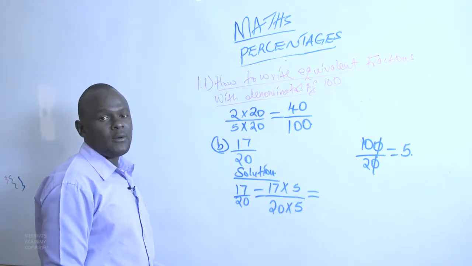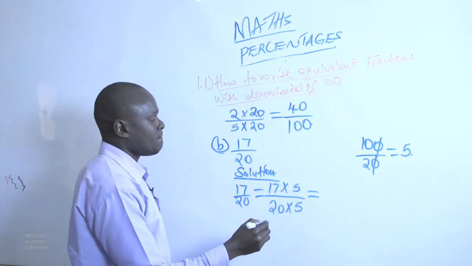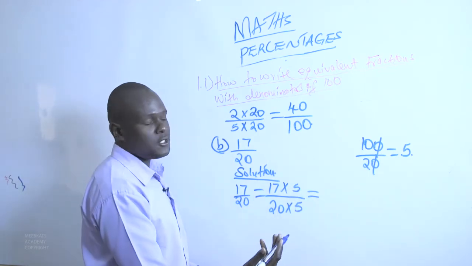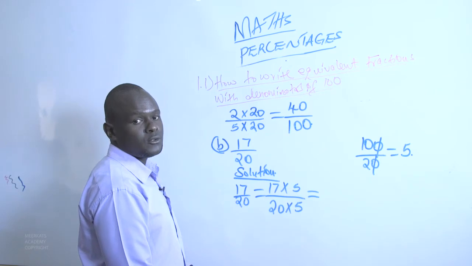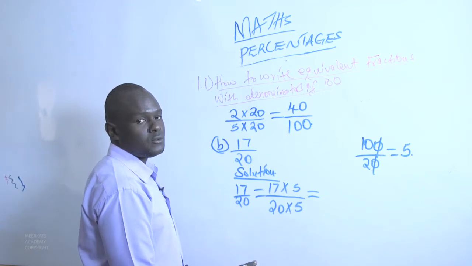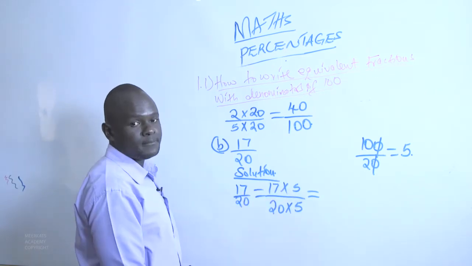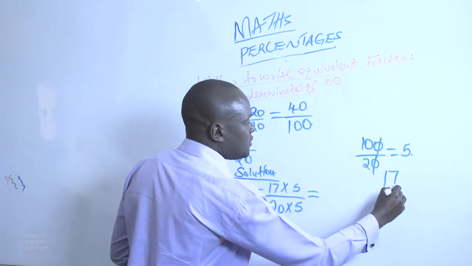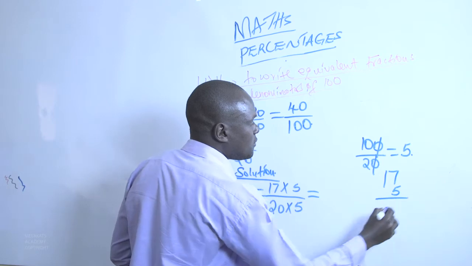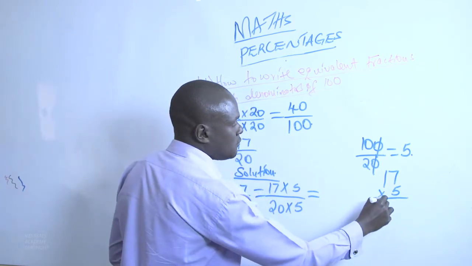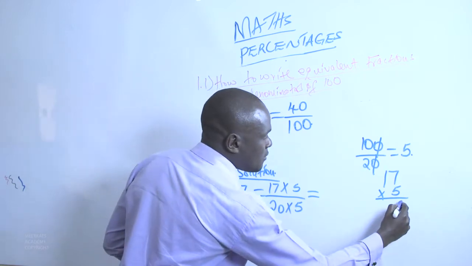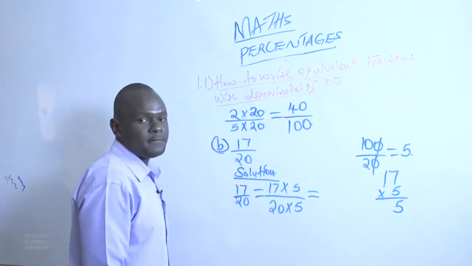We will multiply our numerator by 5, and we will use any multiplication method that we know to solve the numerator. We can have 17 multiplied by 5. 5 multiplied by 7 will give us 35.